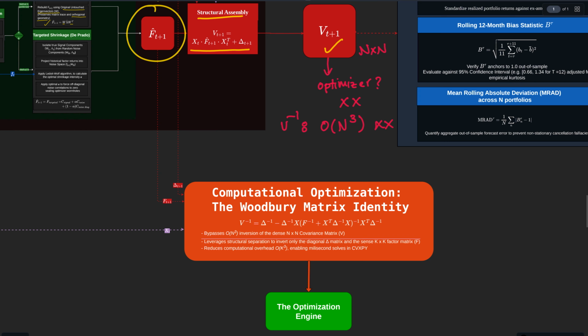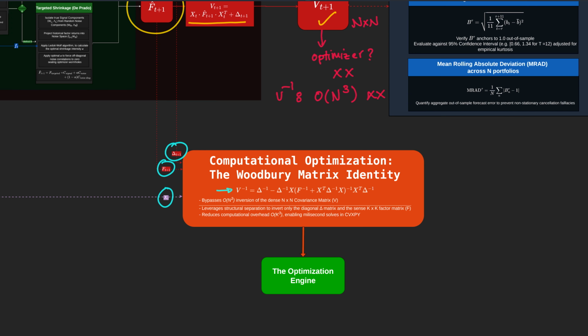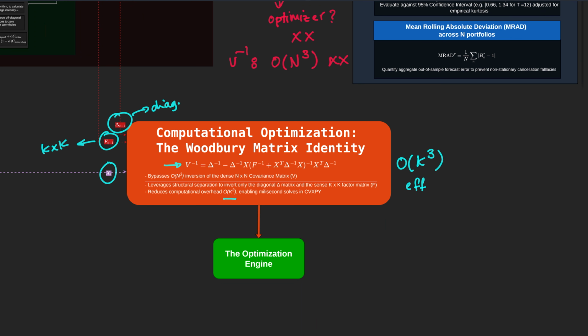So instead, we preserve the structural factor model and keep X and F and delta as separate objects. This allows the optimizer to exploit the Woodbury matrix identity, reducing the inversion problem from a large asset space inversion to operations involving inversions of the much smaller k by k factor covariance matrix and the diagonal asset-level delta matrix, for which the inversion is trivial because it's diagonal.